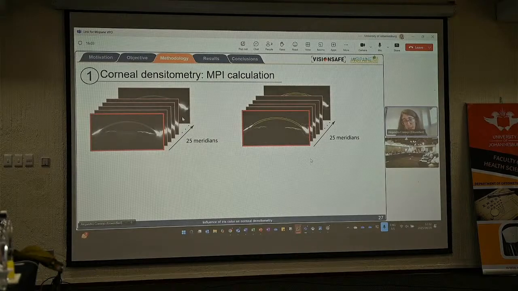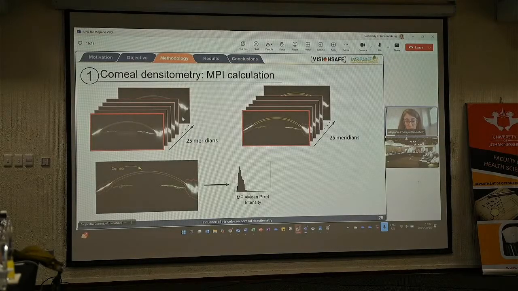We segmented the images as I introduced before, separating the cornea, the iris, and the outer reflection. And from the cornea, from this field, so the pixels that compose the cornea, we took the mean pixel intensity. This is a very simple metric, but it's how corneal densitometry is measured clinically.